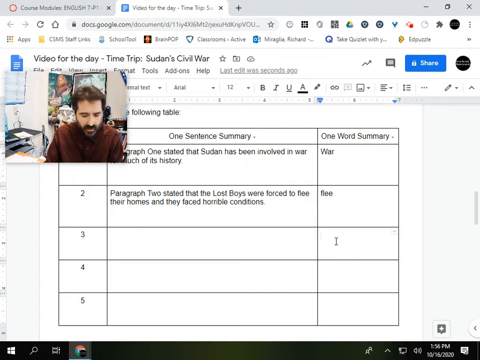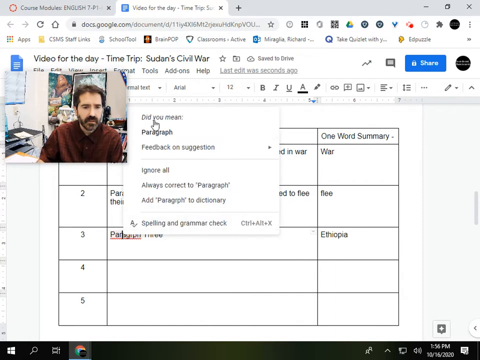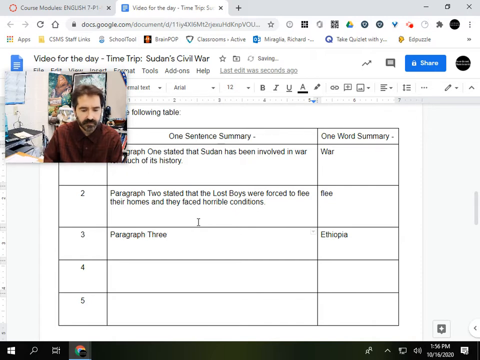I think the one word for this would be Ethiopia. Paragraph 3 stated that the Lost Boys initially found shelter in Ethiopia.